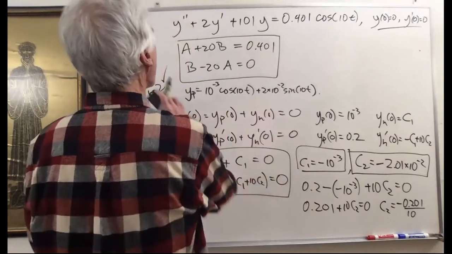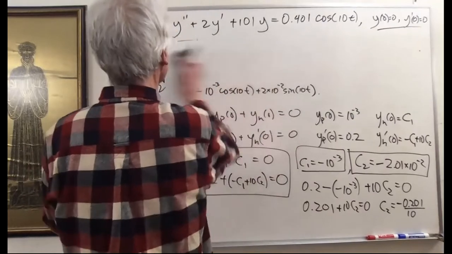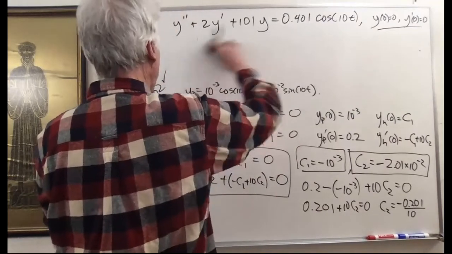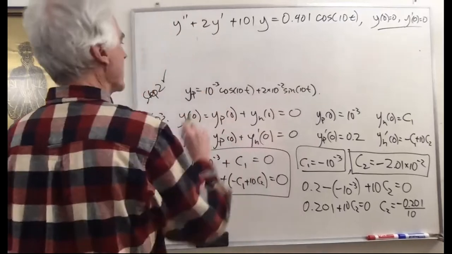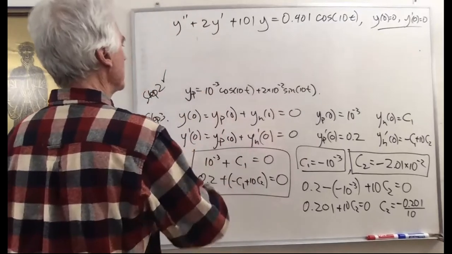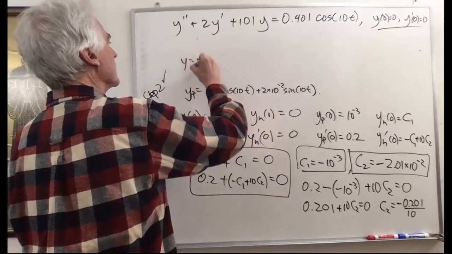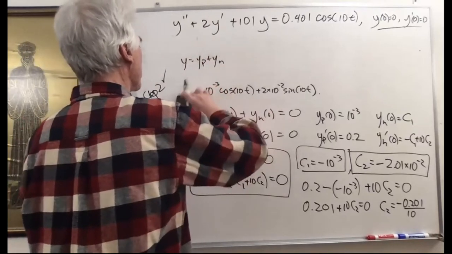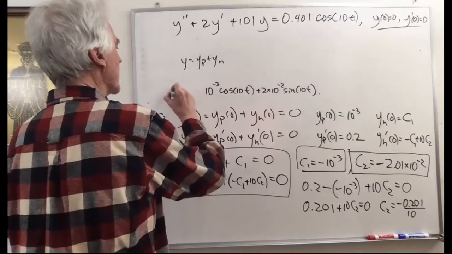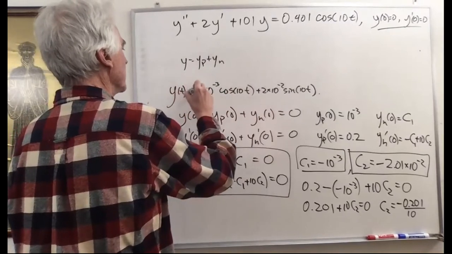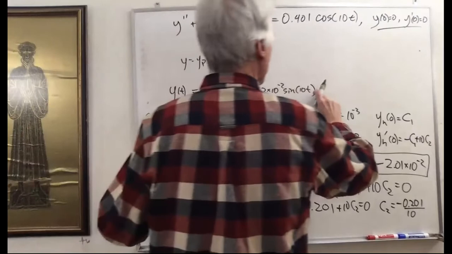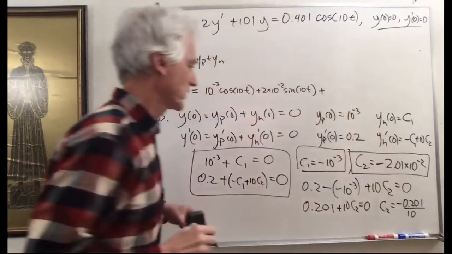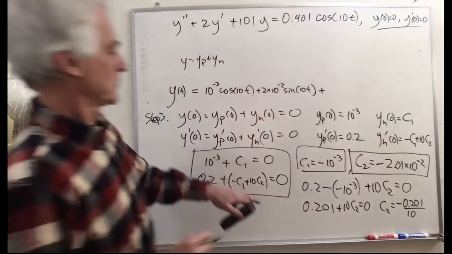All right, so finally, the solution is, plug that back in. Okay, we got the yp. Remember that y is yp plus yh. So let's write this as y of t is equal to yp plus yh. And what is yh? We got the constants.